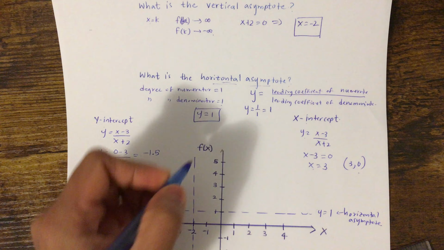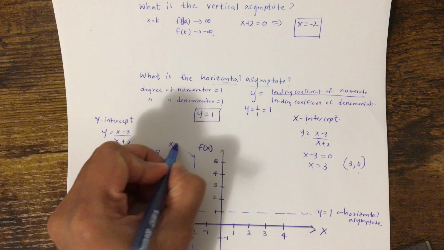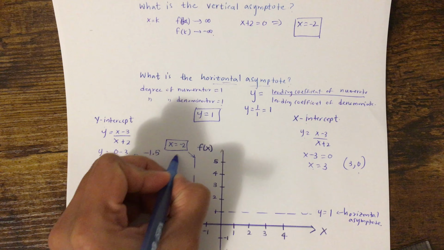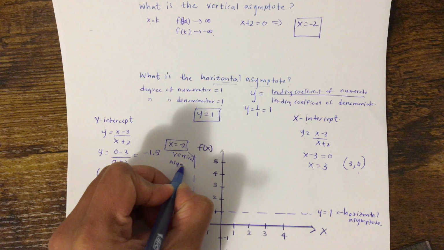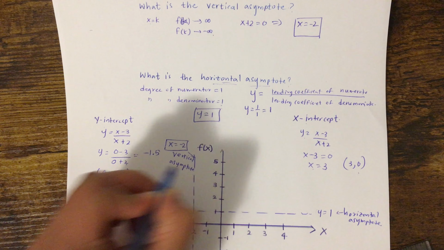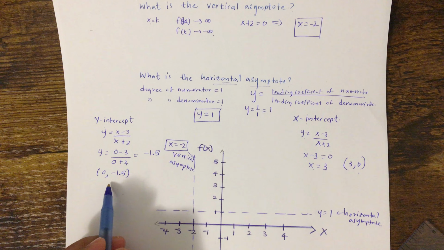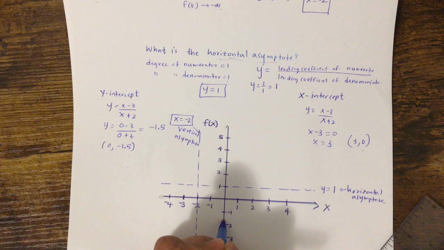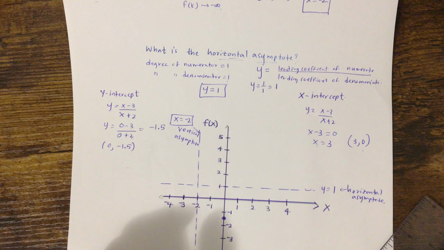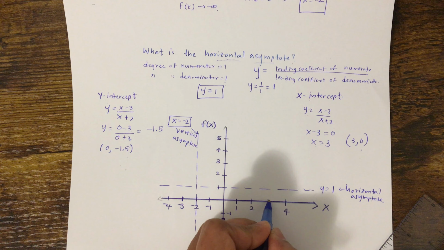Okay, so this one is my vertical asymptote, which is x equals negative 2. Okay, and my y-intercept is (0, negative 1.5). It is over here. This is one of my coordinates. And the x-intercept is (3, 0). It's over here.